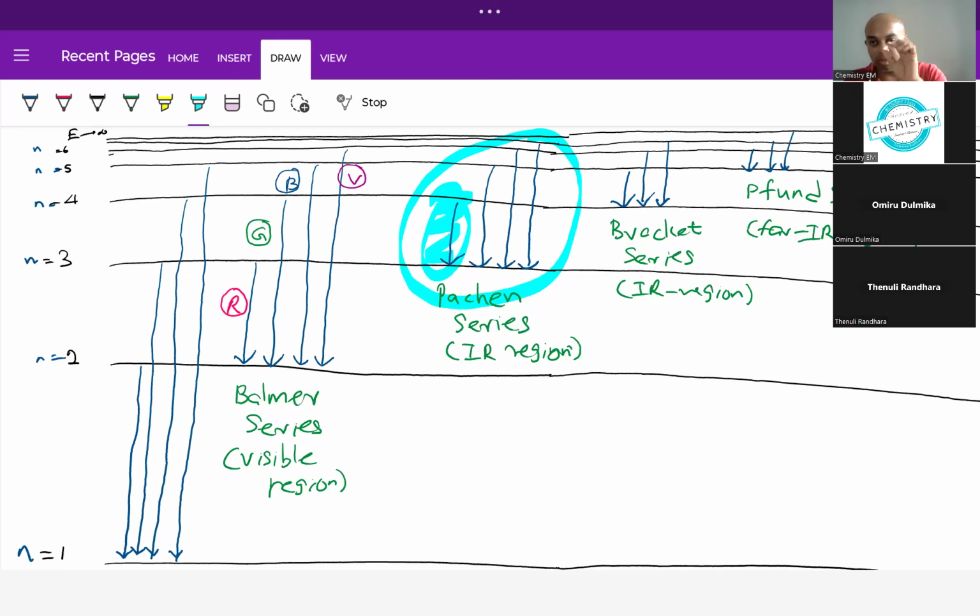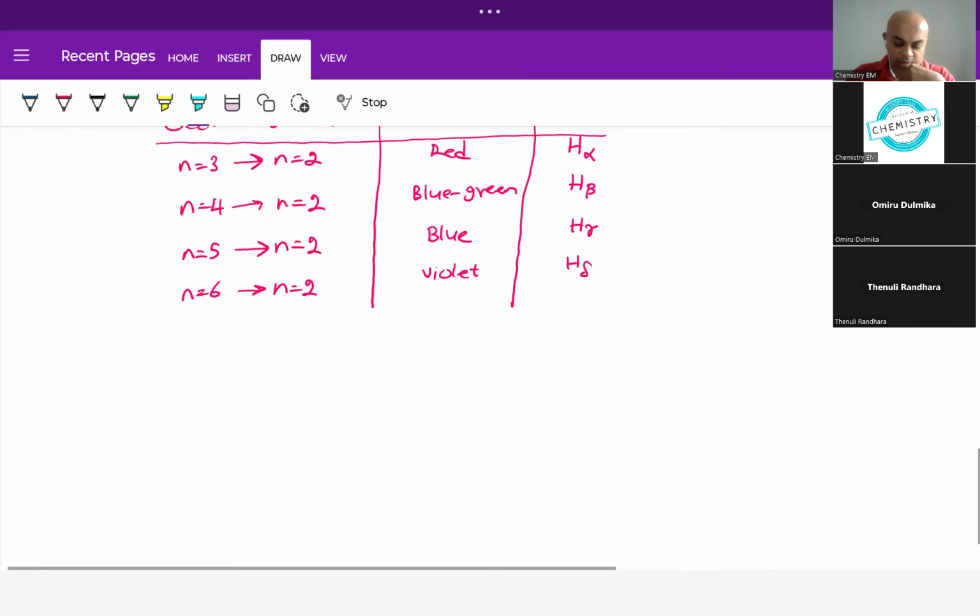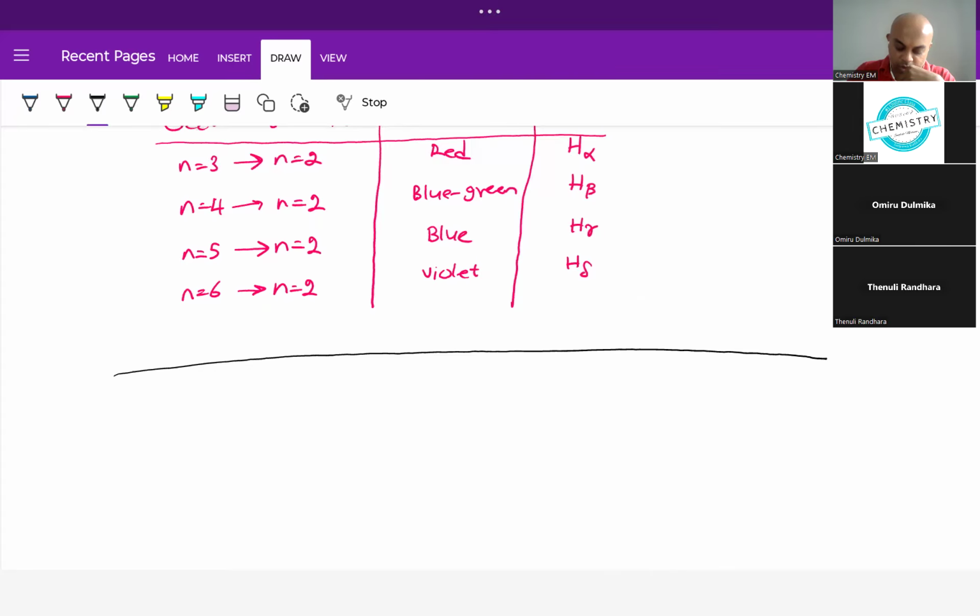So Lyman series, Balmer series, ඔය හැම එකම the length of the line will decide the energy or the frequency. Right? Higher the length, higher the energy, higher the frequency. So when you draw this one like this, right?